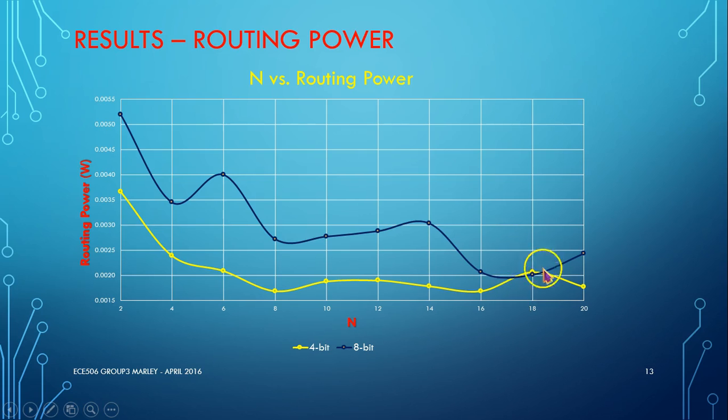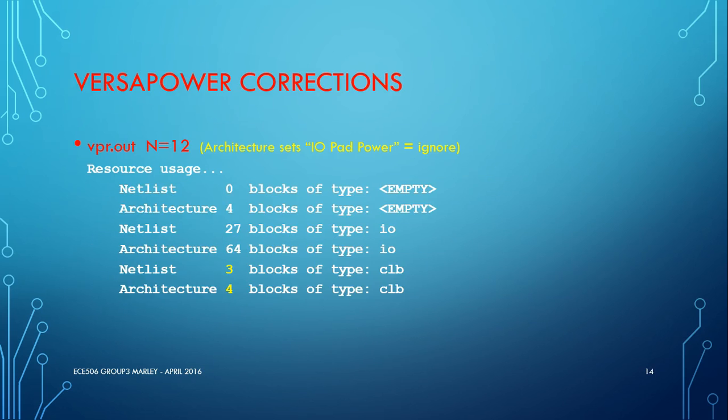I didn't go research that and try to figure out why. Interesting surprise. I did not expect that to happen, that the amount of power of an 8-bit ripple adder would be the same as a 4-bit one at N equals 18. So now we have to look at logic power, and some complications come about.